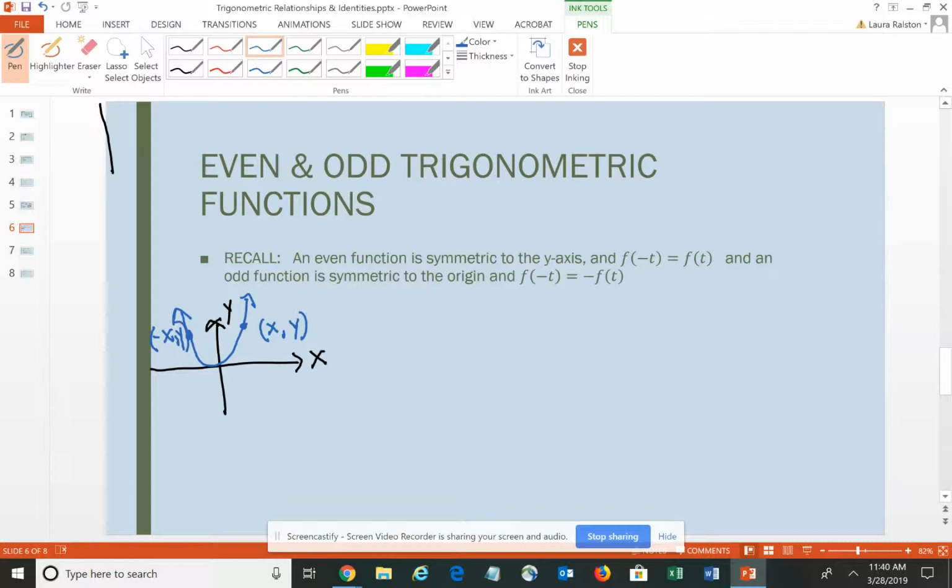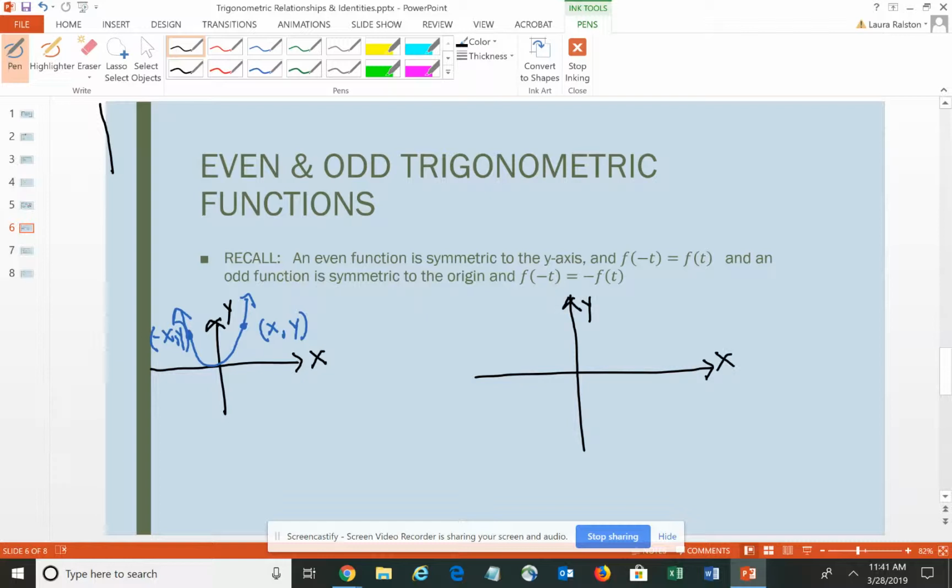And that's what this statement says. It basically says that if you use x and negative x, you're going to get the same y output. If I input negative x, I get the same y value. If I input positive x, I get the same y value. So for an even function, you're going to have positive and negative x's with the same y's. An odd function is symmetric to the origin.